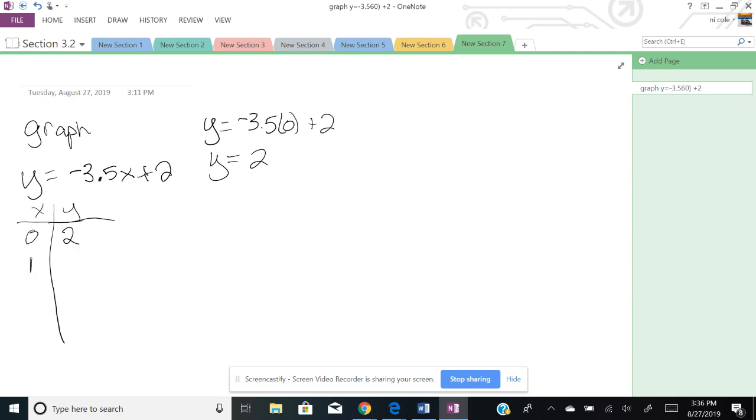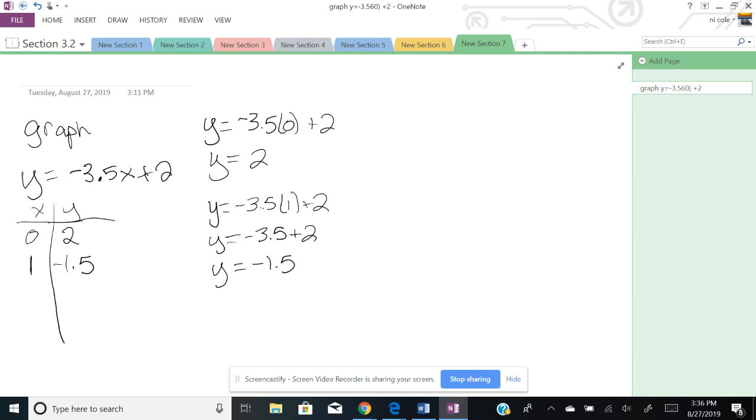So the next number I'm going to pick is a 1 for my x, and so therefore I get y is equal to negative 3.5 times 1 plus 2. Therefore, y is equal to negative 3.5 plus 2, making y equal to negative 1.5.